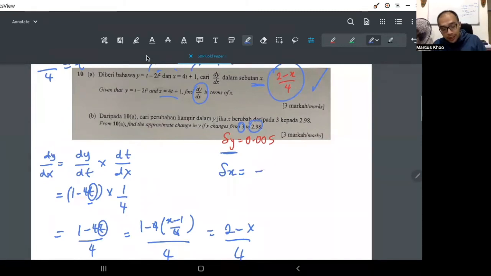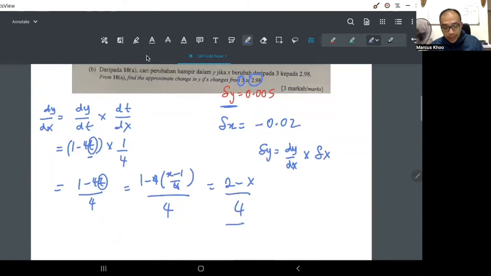Reduce means negative 0.02, which is 2.98 minus 3. So del y equals dy/dx times del x. We already have dy/dx, which is 2 minus x over 4. So 2 minus x over 4 times del x, which is negative 0.02.